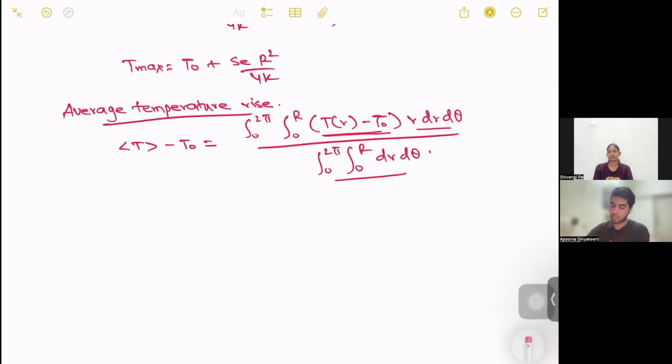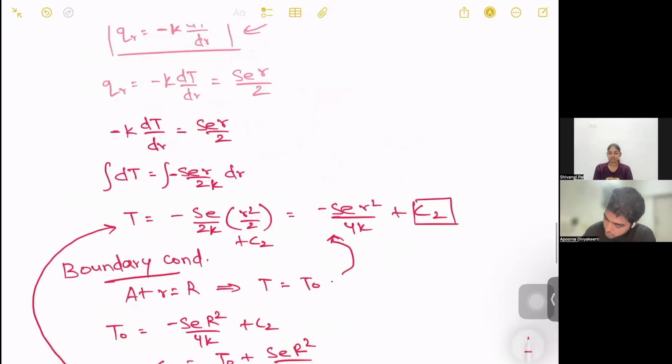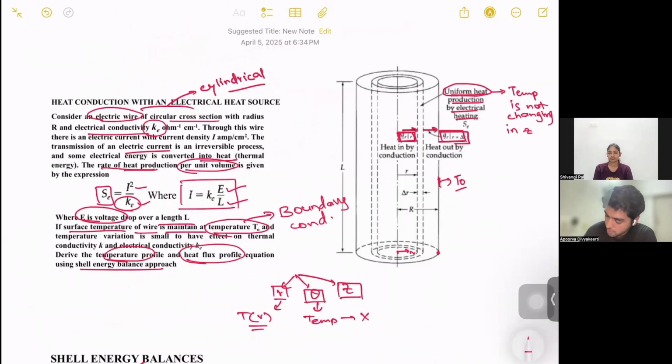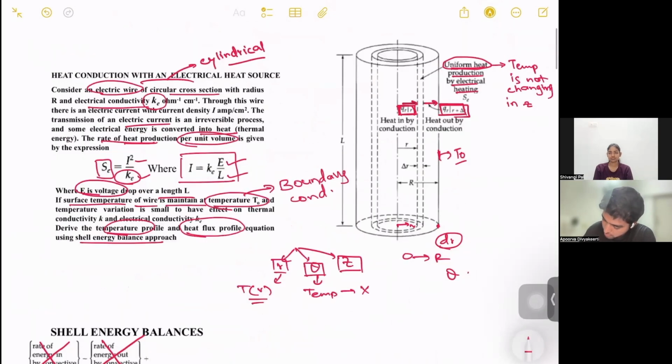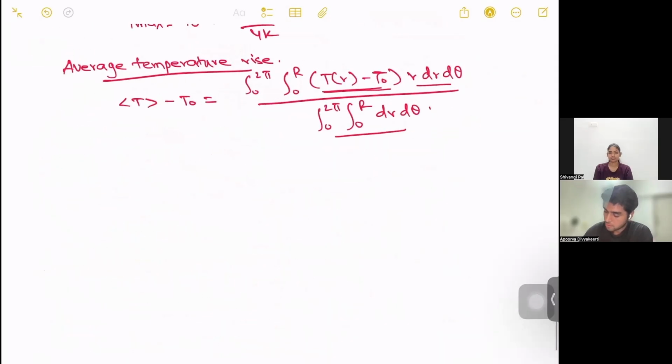Now, the limits: we have to calculate from 0 to R, so the limits of dr will be 0 to R. And theta we have discussed earlier; we have to take the complete circle, so 0 to 2 pi. By this we'll get the average temperature.